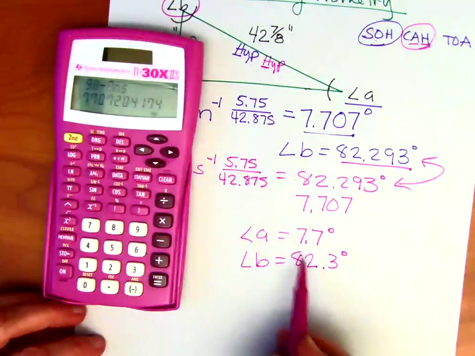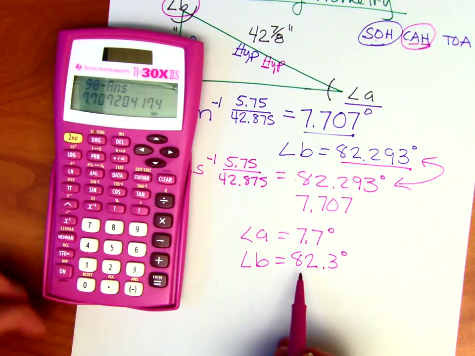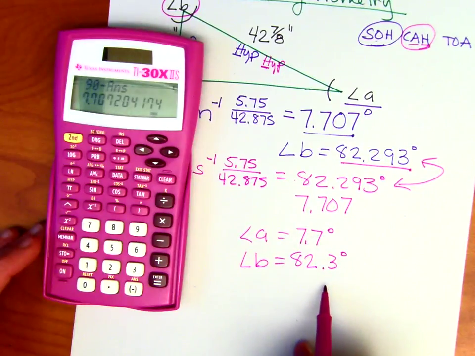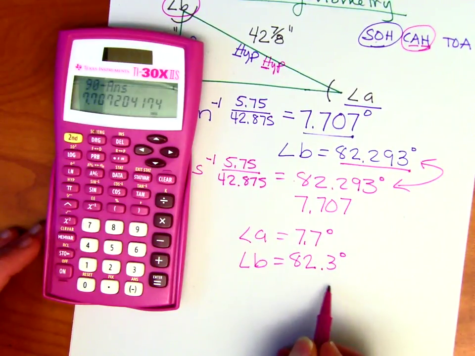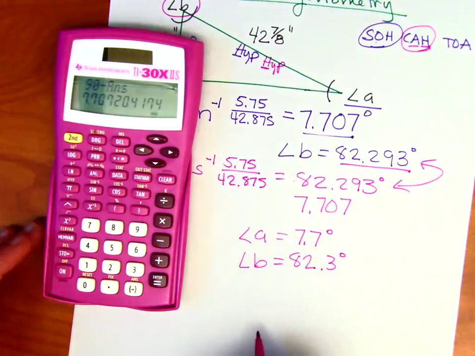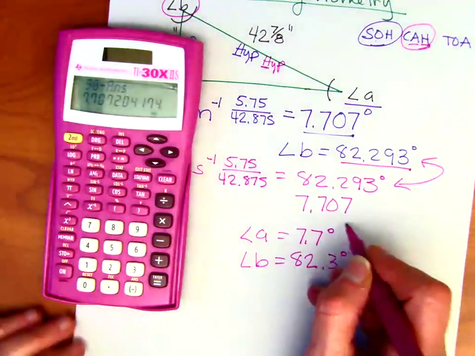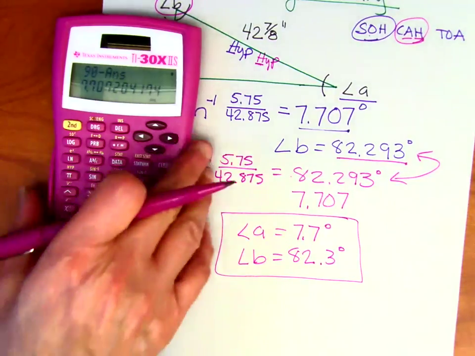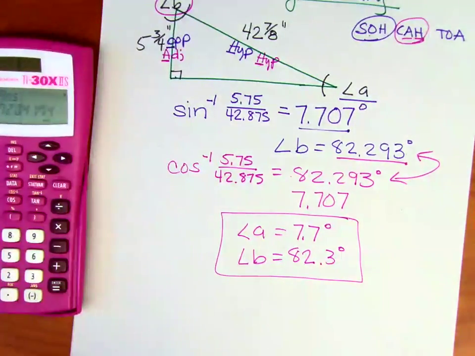And again, if you were to add those, we are going to get 90. 7 plus 3 is going to be 10, and that's going to bump that 7 up. Anyway, that is basically how you're going to find the angles. And if you're continuing to have difficulties, let me know, and we will certainly go through more examples in class.